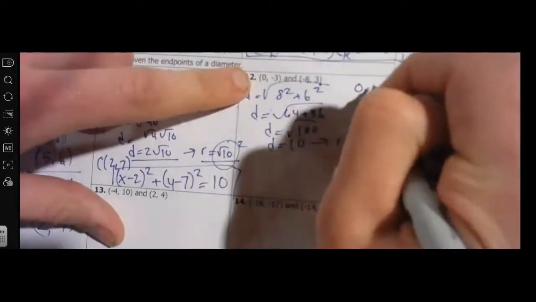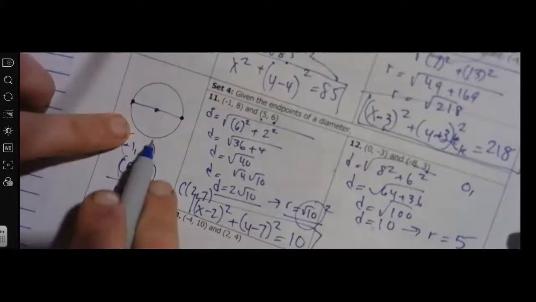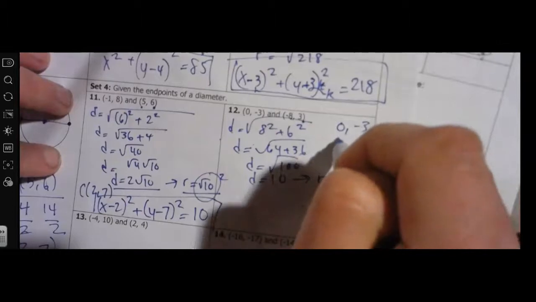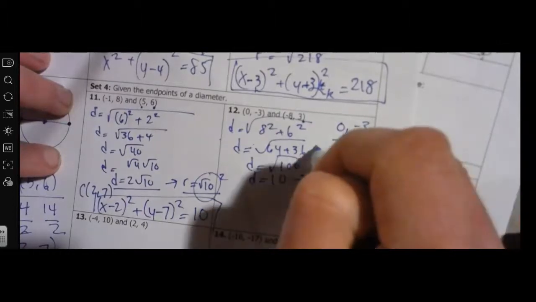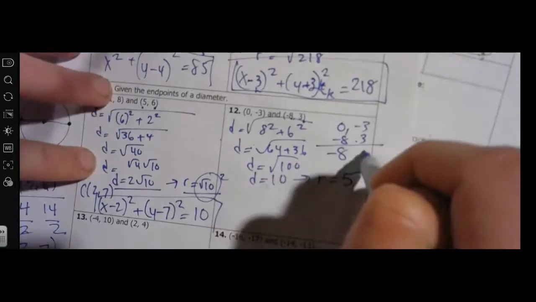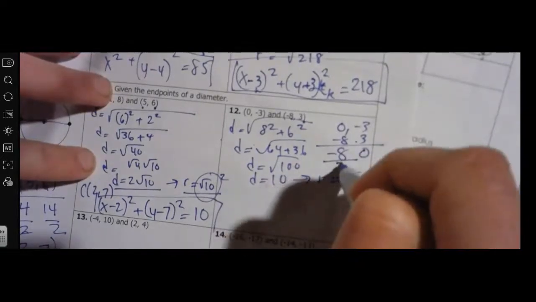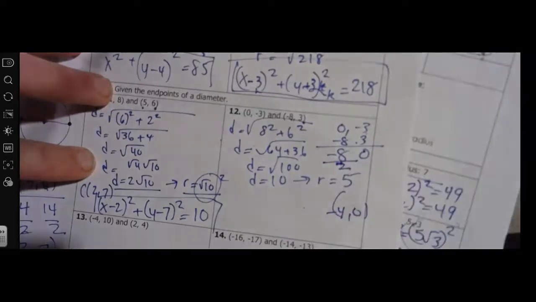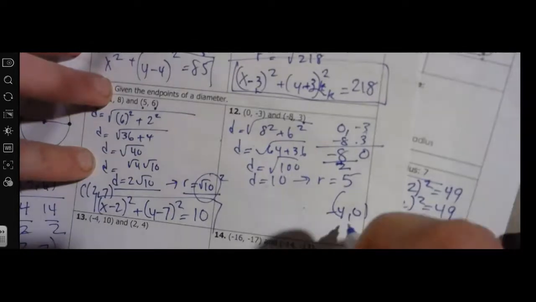And we need to find the midpoint between these to find the center. So we have 0, -3, and we have -8, comma 3. We add those together, and we get -8 and we get 0. So it's -8 over 2, which is -4, and 0 over 2, which is 0. So our center is -4, comma 0.